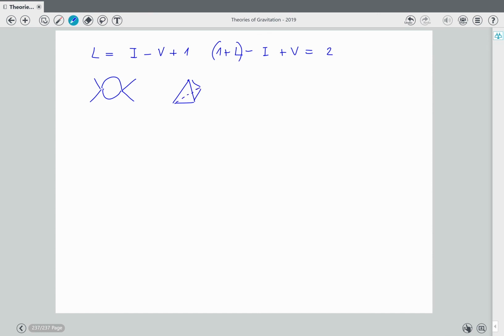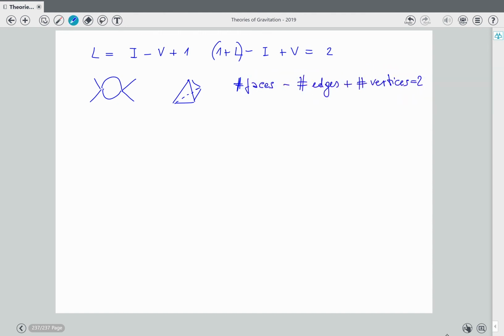It's like saying that in a polyhedron, the number of faces, remember the Betti numbers, minus the number of edges, plus the number of vertices is equal to 2, which is the Euler characteristics of the sphere.